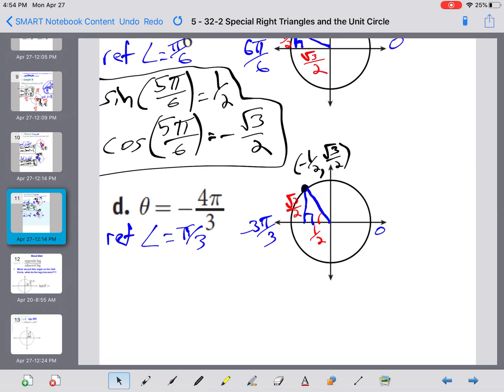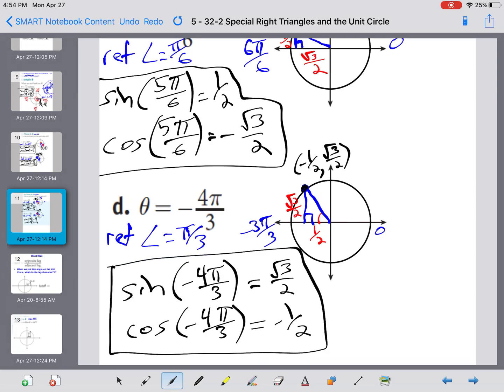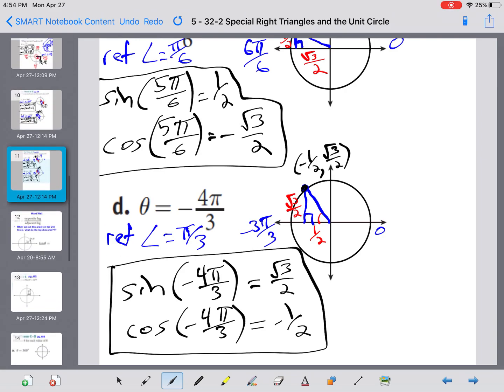So once I get the triangle, to find the sine of negative 4 pi over 3, that's the y value, root 3 over 2. And the cosine of negative 4 pi over 3 is the x value, negative 1/2. All right. So those are really good examples. This is the key skill we have to be able to do.